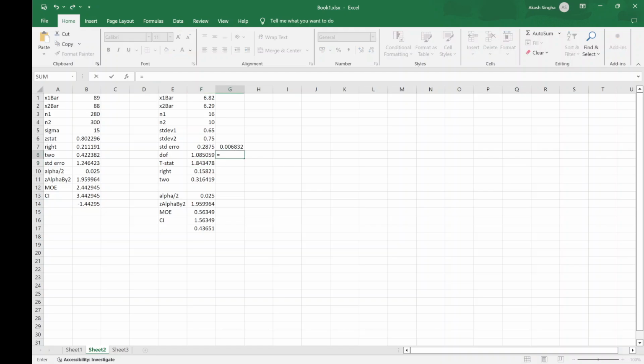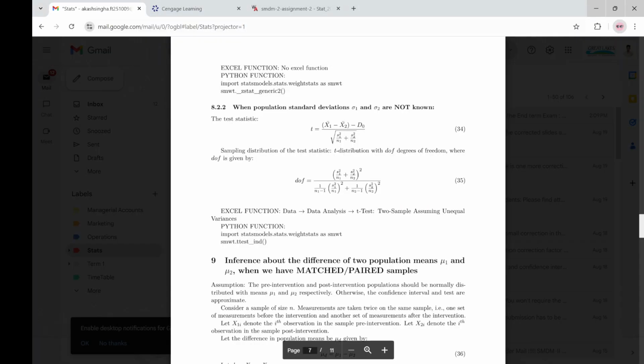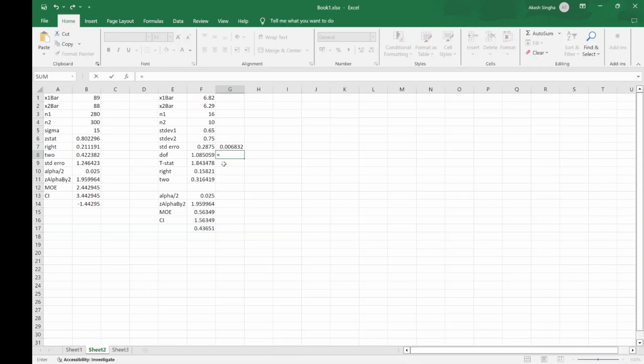Now the lower part is... okay, this is the problem. n1 minus 1 into s1 to the power 2.